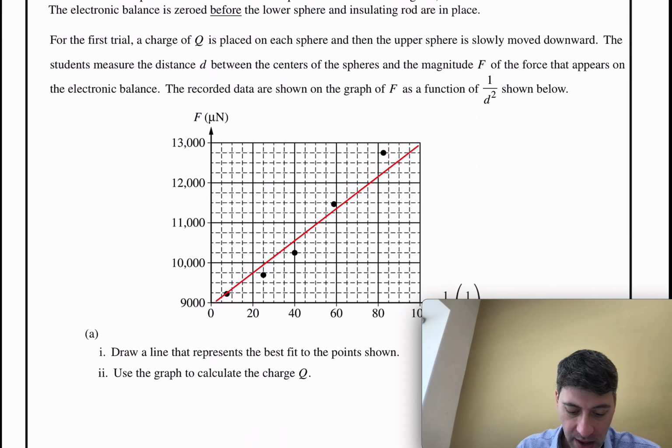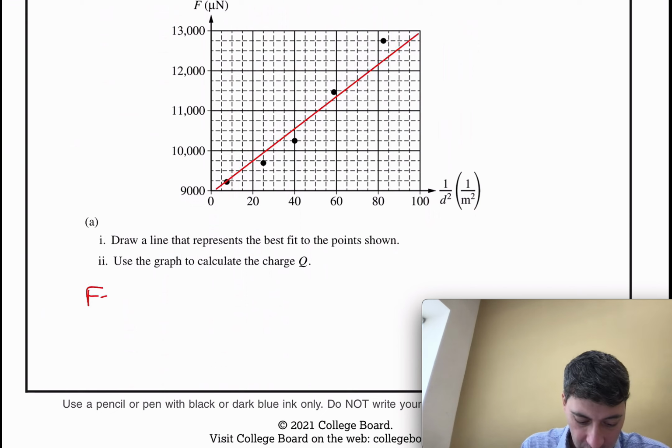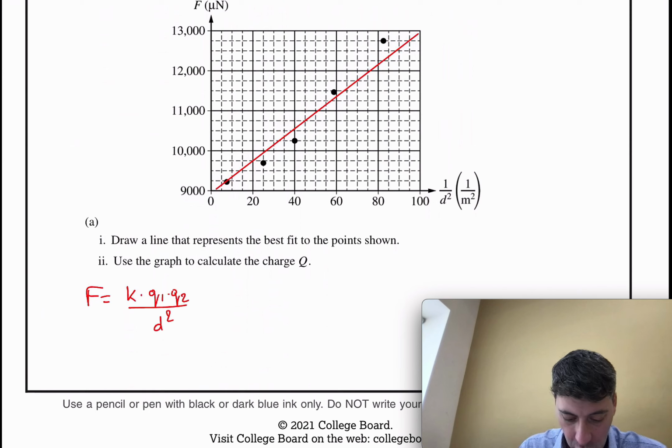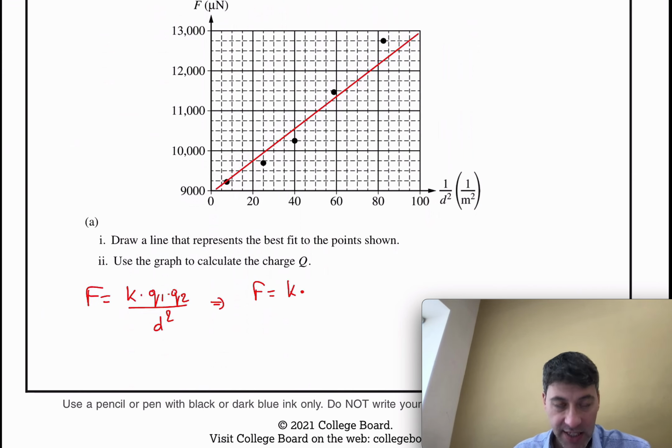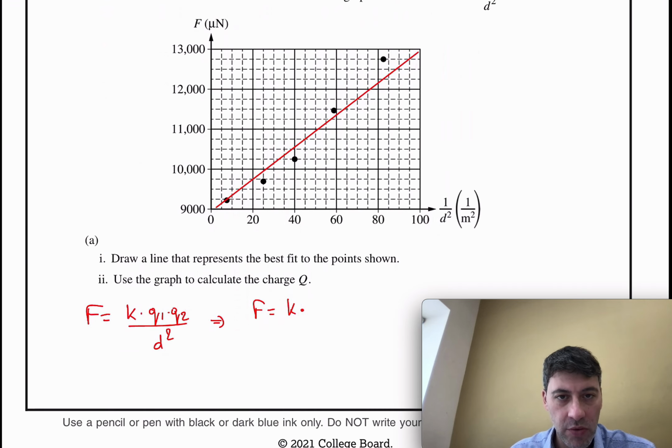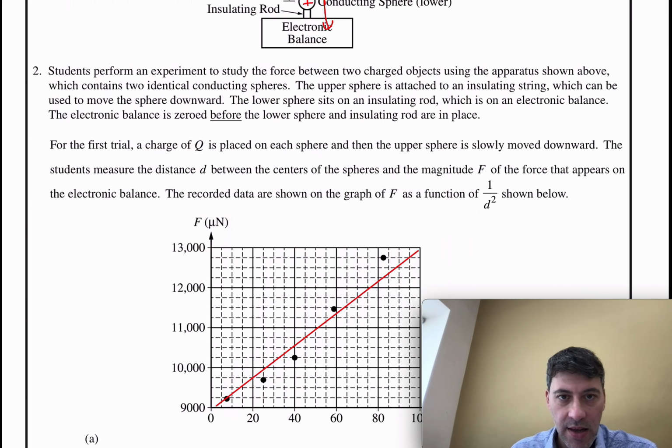Nothing really. So we can say that this force is K times Q1 times Q2 divided by the distance to the power of 2. Since we need to find the value of the charge Q, let's see.